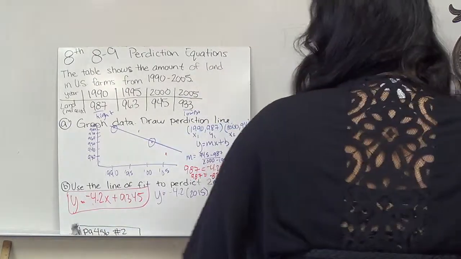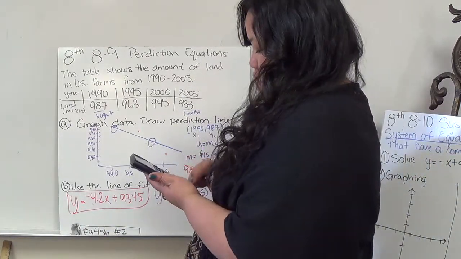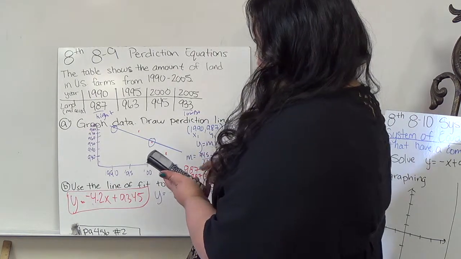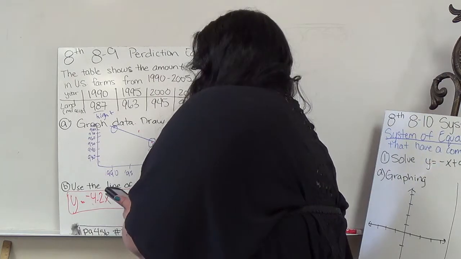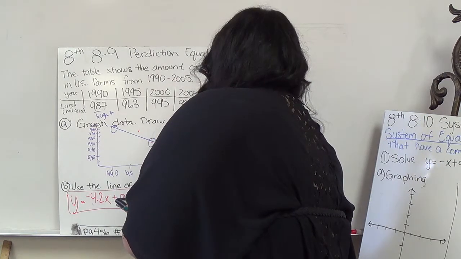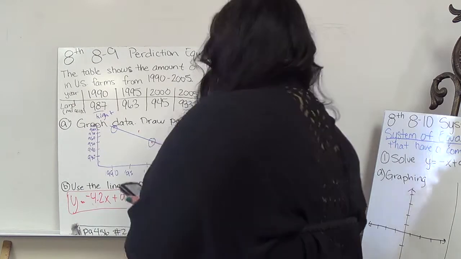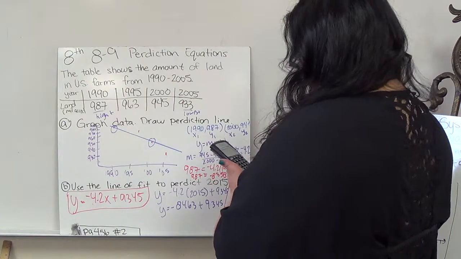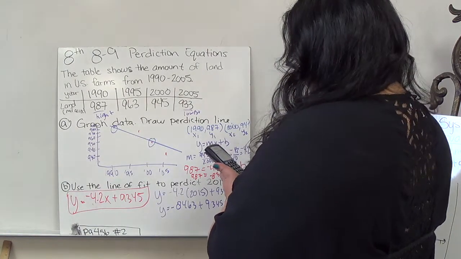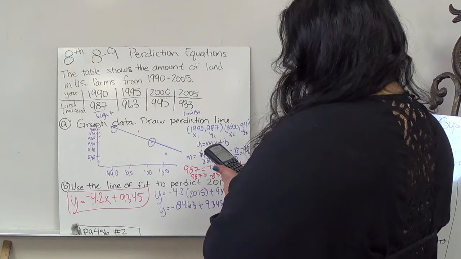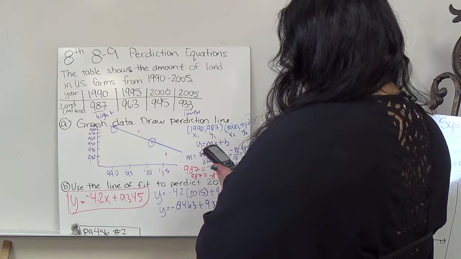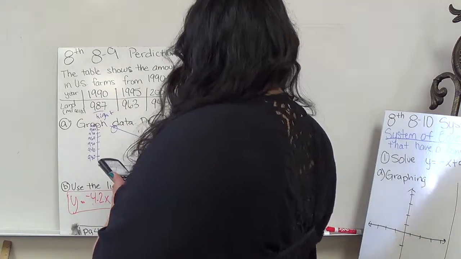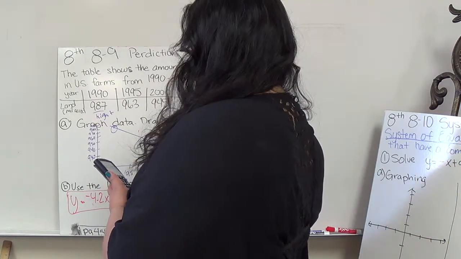So from here, I'm going to do 2015 times negative 4.2, which gives me negative 8463 plus 9345. So I'm going to do negative 8463 minus 9345, which gives me y equals negative 1.